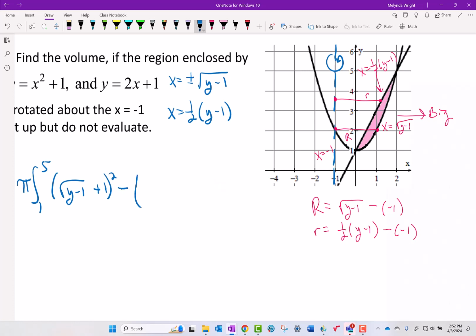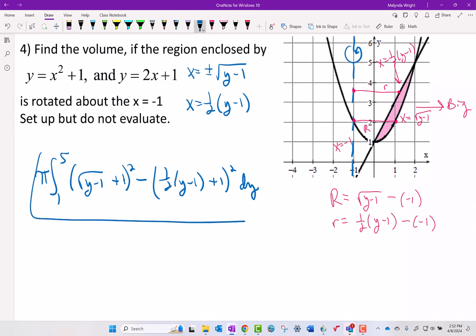Okay, little r is 1/2 y minus 1, minus a minus 1, which would be plus 1, squared dy. And I would totally put it in my calculator exactly how it looks with the parentheses and everything. Although we don't need to, they told us to set up but do not evaluate. So that's our final answer. Okay, how are we doing?